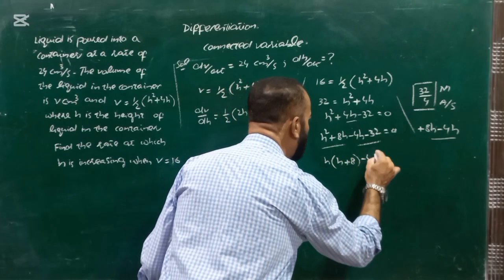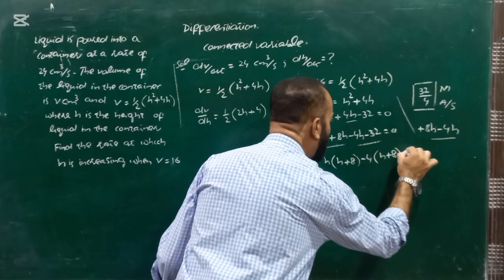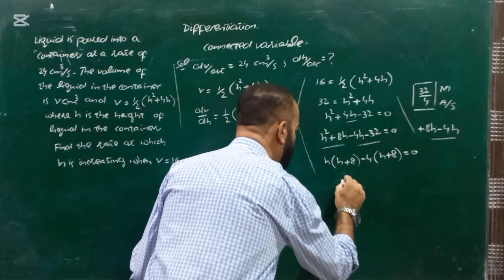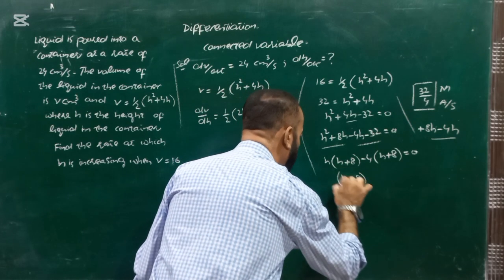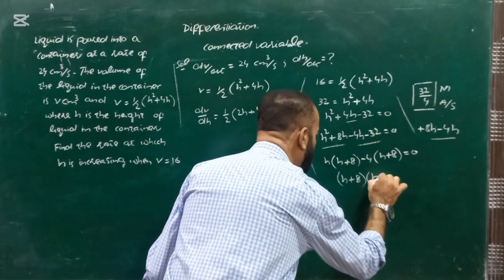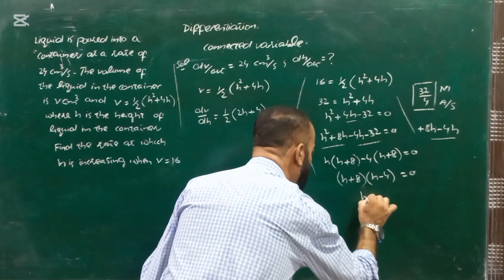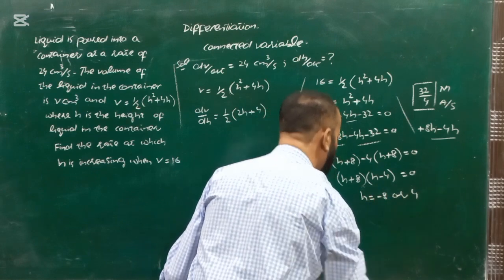In the second pair, minus 4 is common, so H plus 8 in the second bracket. The bracket which is coming 2 times will be written once, and the values outside the bracket will be written in the second bracket. From here, H is equal to minus 8 or plus 4.